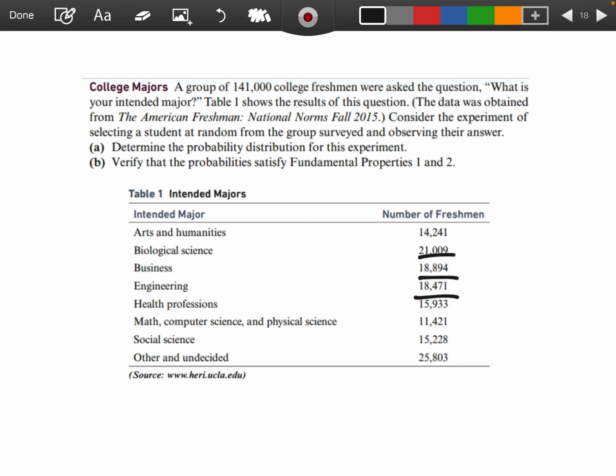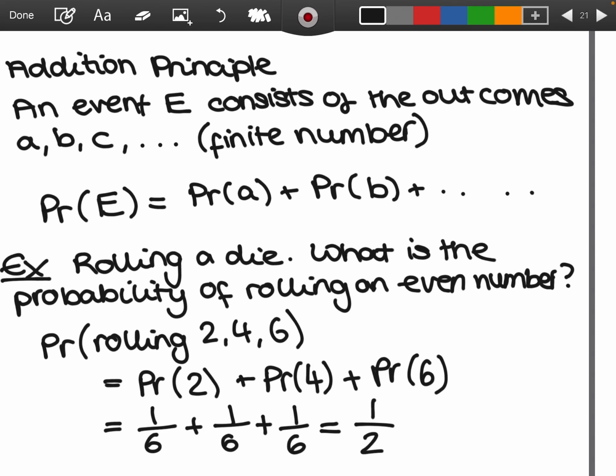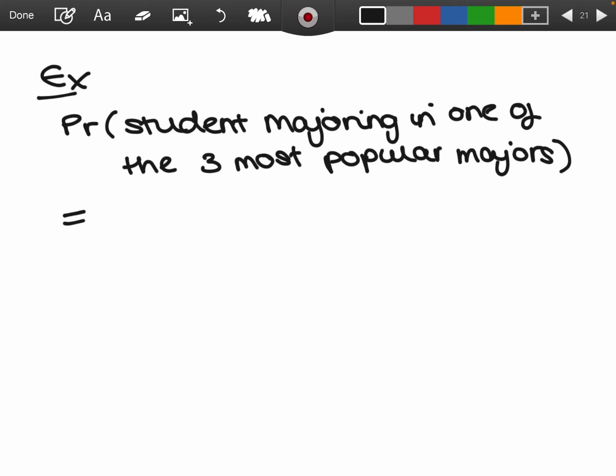Okay, so to find the probability of taking one of the 3 most popular majors, we're just going to take the probabilities of biological sciences, so 0.149, 0.134, and 0.131, and add them together.